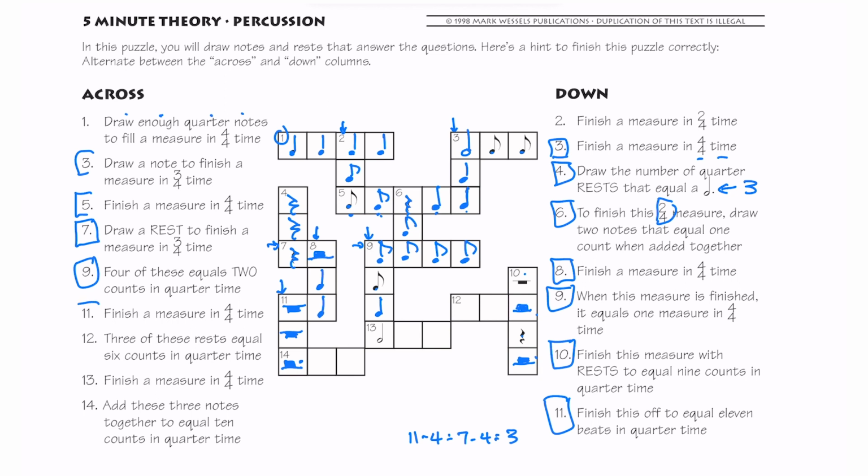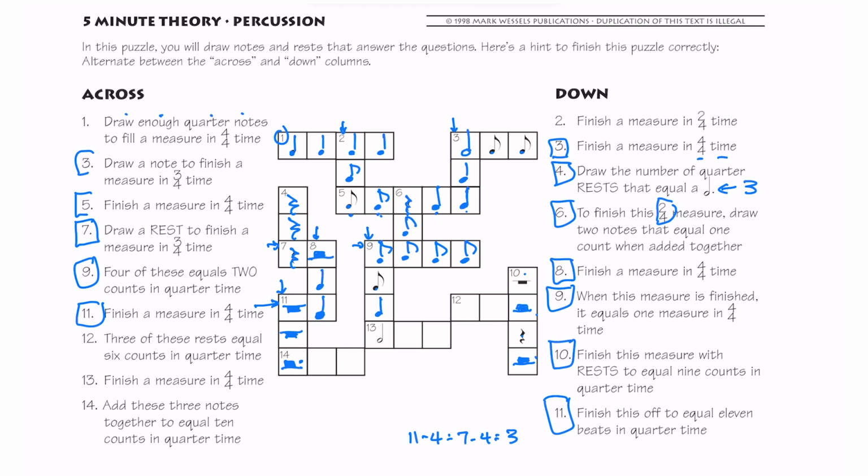All right, number 11 across. So let's find number 11. Here we go. This way, finish the measure in 4/4 time. Ooh, notice that this is not correct. I have a whole rest and a quarter note, so that would be how many counts? 5.